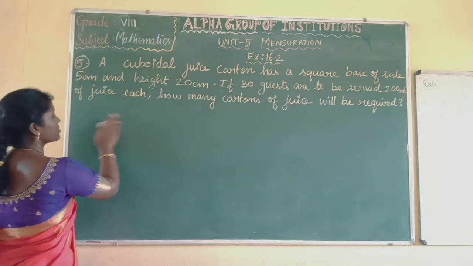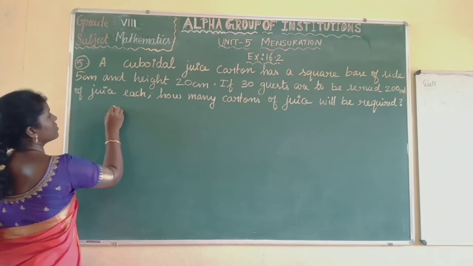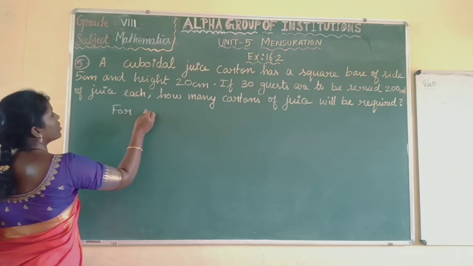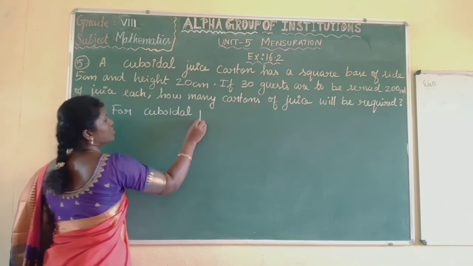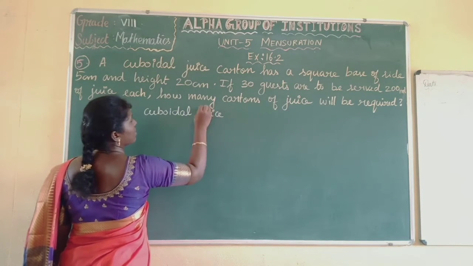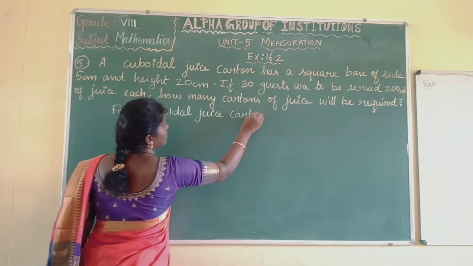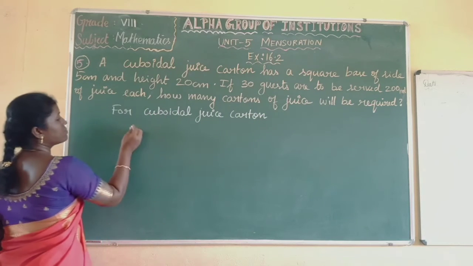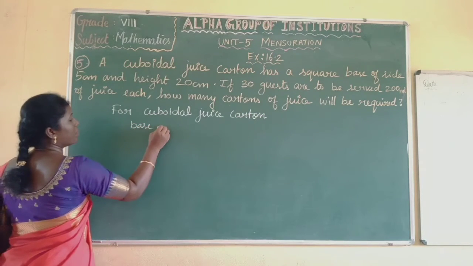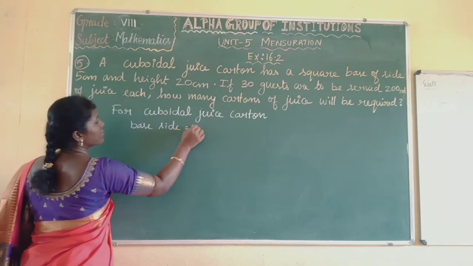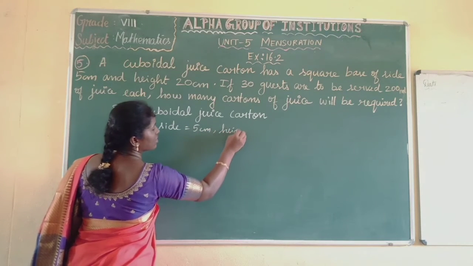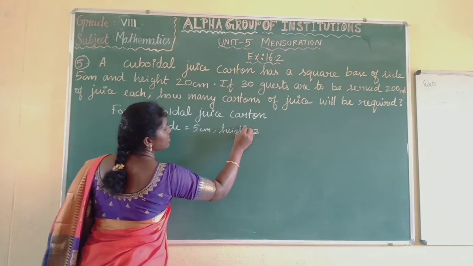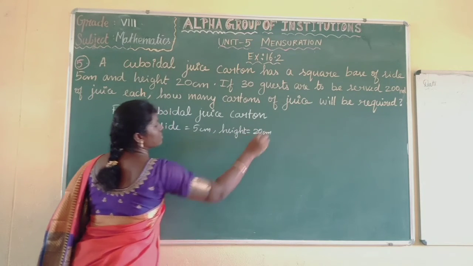Now, for the cuboidal juice carton, the base side is given as 5 cm and the height is given as 20 cm.